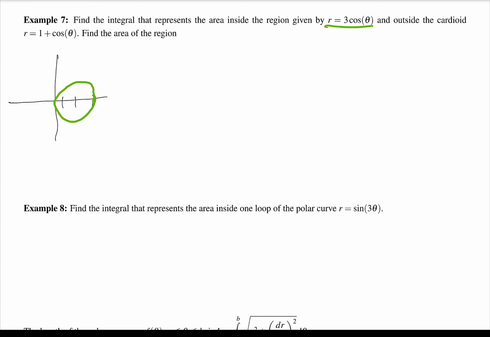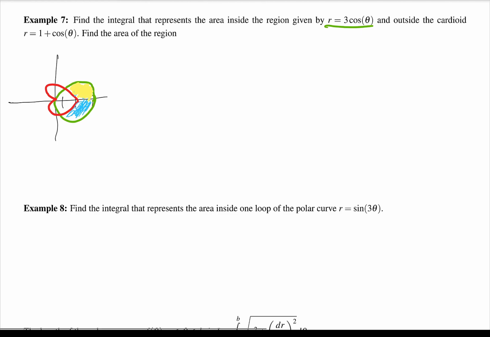And for the other one, this should be something that looks like this. Okay, so then the area that we're trying to find is going to be this area in here. So again, what I'm going to do is I'm just going to look at this top half, and then we'll multiply by 2 since this is symmetrical about our x-axis.